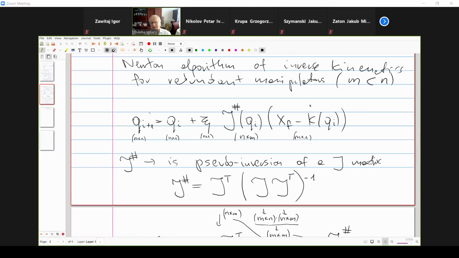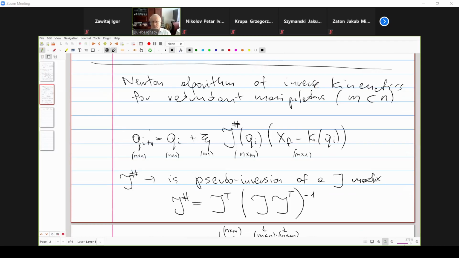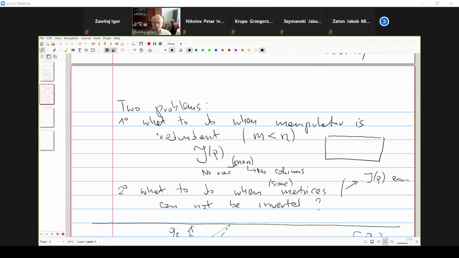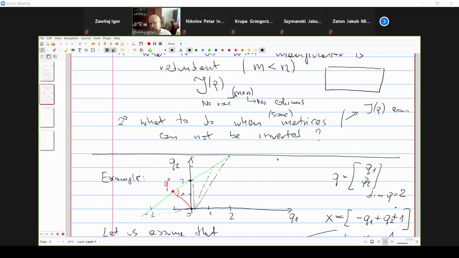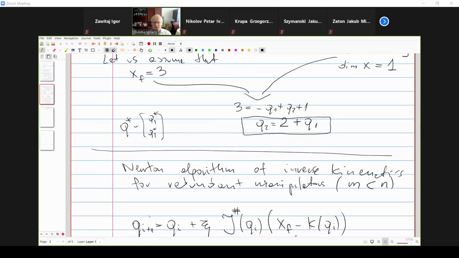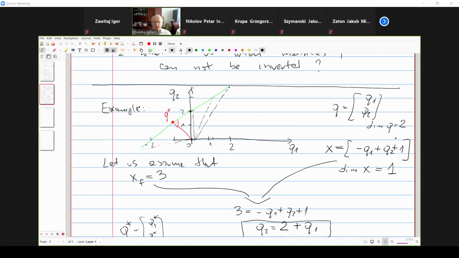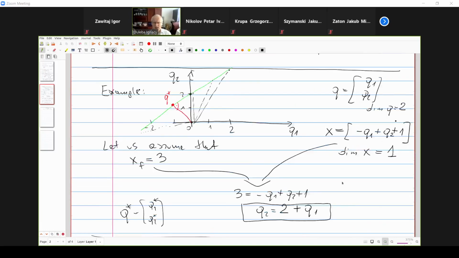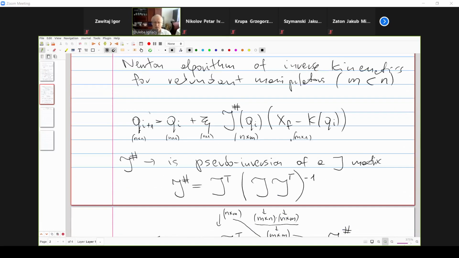And the formula is almost the same. Instead of inverse here is pseudo-inverse here. So we have solved the first problem, what to do when the manipulator is redundant. The solution is, instead of using this algorithm, we are using this algorithm.